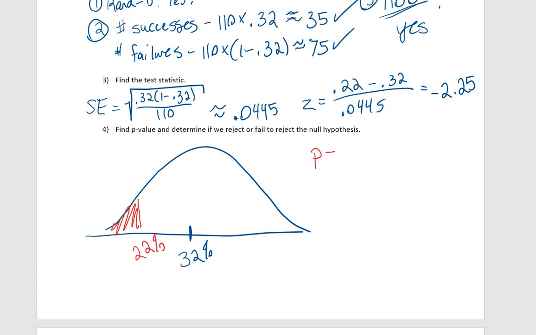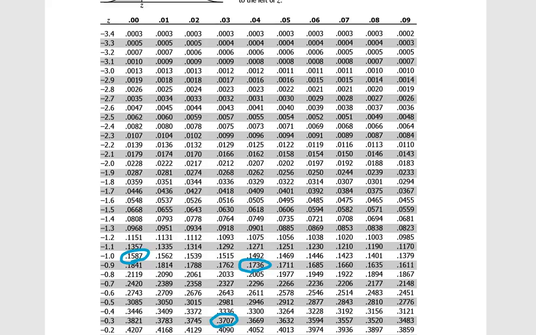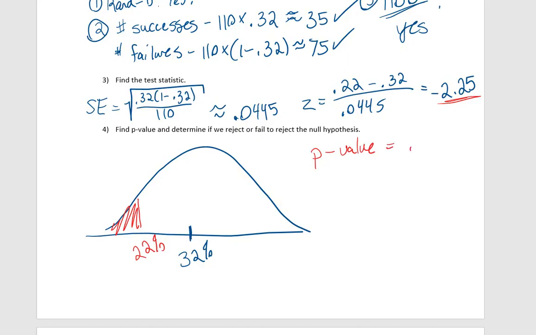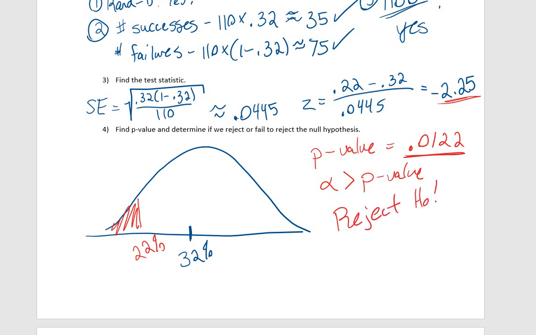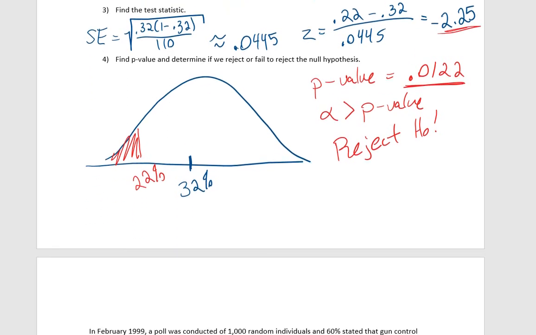So for that p-value, we are going to look at our z-score table and look at where negative 2.25 is, and we're going to get 0.01. All right, so since this p-value is less than alpha, then we can reject H0. That means that we found evidence that these fish actually do have lower levels of mercury than regular freshwater fish.